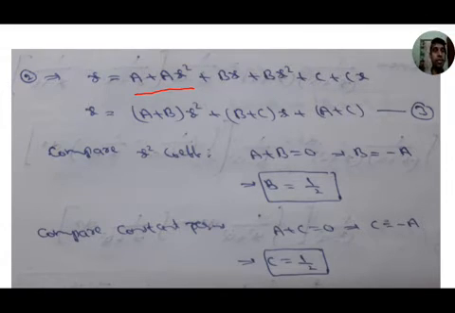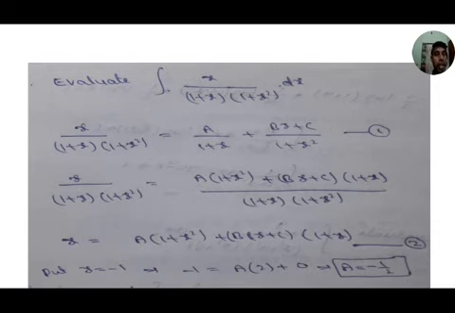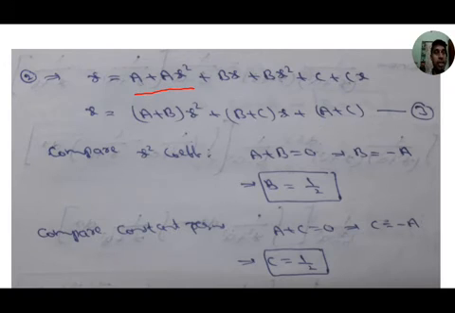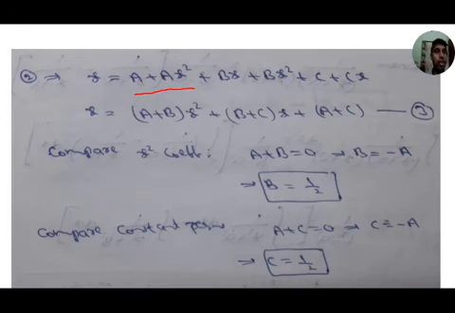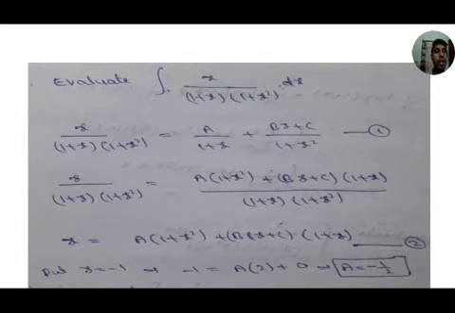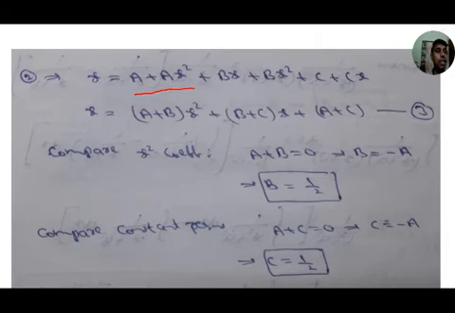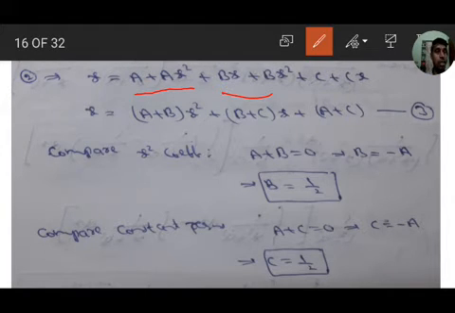So it is multiplication only. Here a into 1 is a, a into x square means ax square. Next bx into 1 is bx, bx into x is bx square. Next c into 1 is c, c into x is cx, three terms.